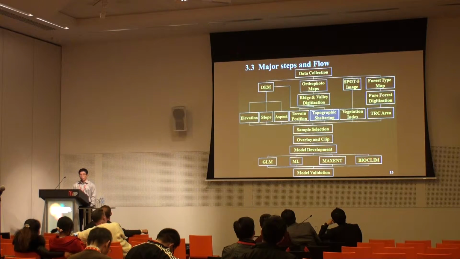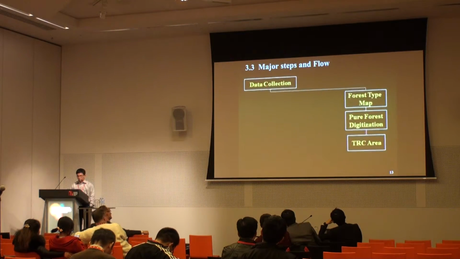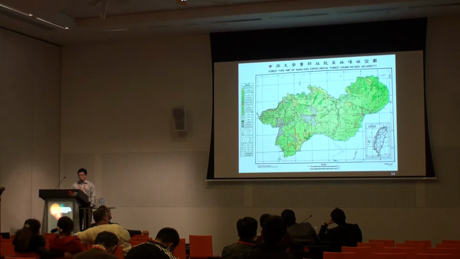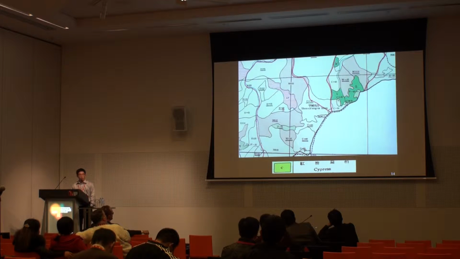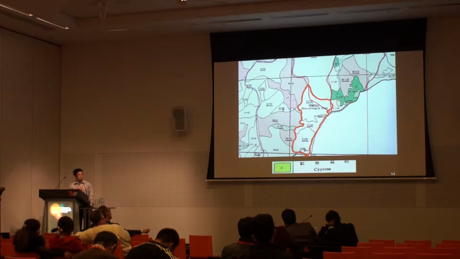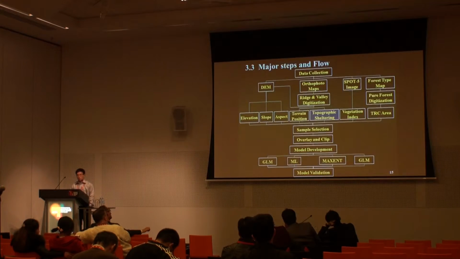Here's my major step and flow, and I'm first going to introduce our sampling. Our sampling point is from this forest type map, and we also coupled it with ground survey. We can see in this red circle near Sochen there's a pure forest of Taiwan red cypress, and we compare it with the third forest resource survey and land use in Taiwan, and we found that the result is the same, so we directly digitize this area for sampling.